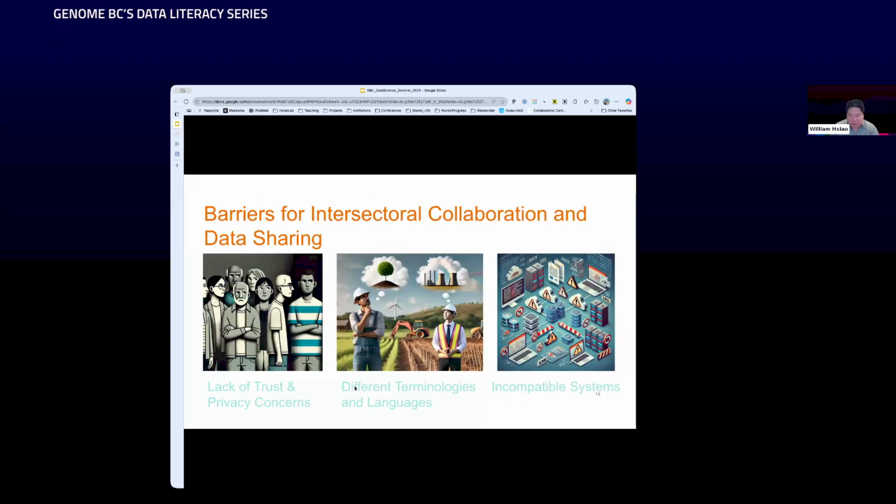However, to get the different sectors and the different domains to work together, there are a number of barriers, and these barriers reduce both the willingness and the feasibility of intersectoral collaboration and data sharing.